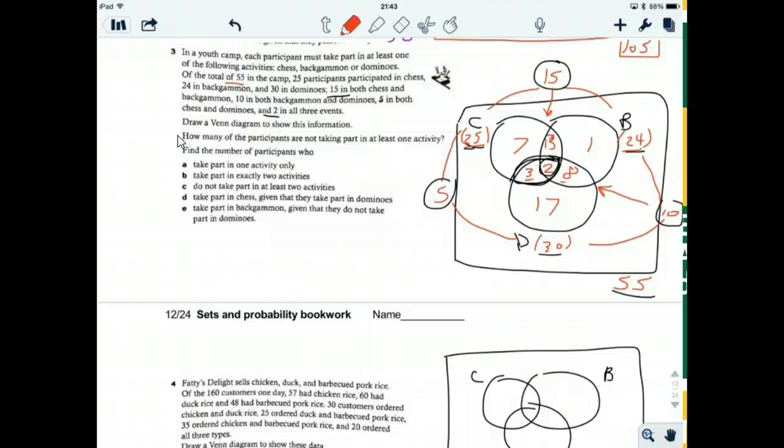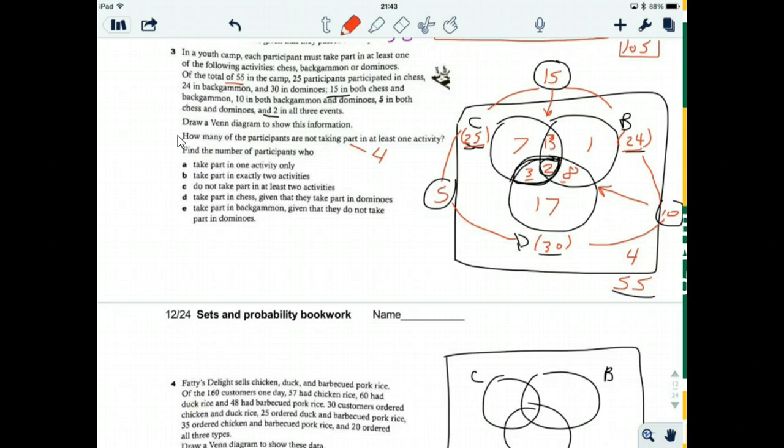That would be 7 plus 13 plus 1, that would be 21, plus 24, 25, 26. 26 plus 8 would be 34. 34 plus 17 would be 51. So there's 4 people that are not participating in any activity. We just get that by subtracting everybody in the Venn diagram from 55.